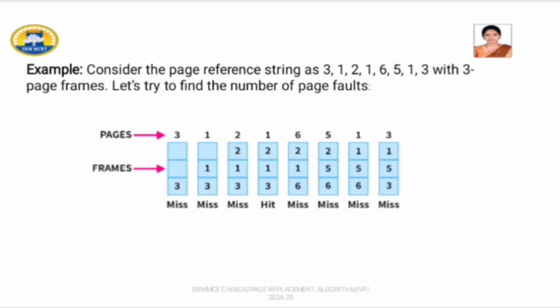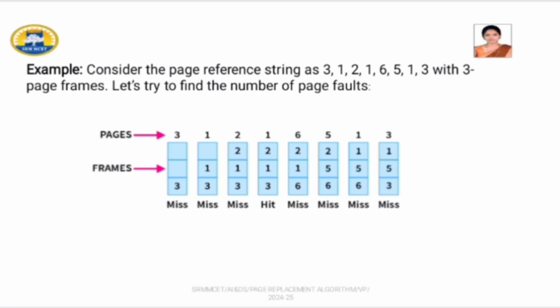Control transfers to the OS and then to the disk, from which we get the required page and place it into the main memory. So it is called a page fault. The page is not in the main memory, which is called a page fault or miss.